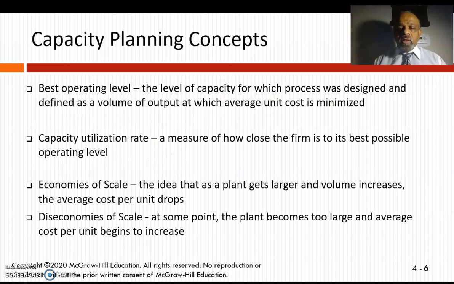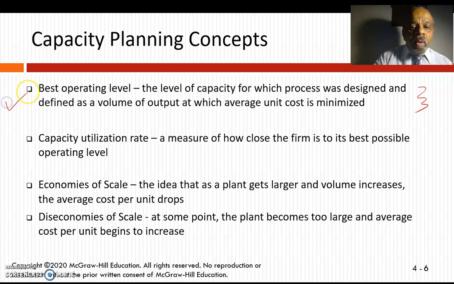So there are two different things that we need to know. One is the best operating level. The best operating level is the level of capacity for which the company has designed to meet the demand.